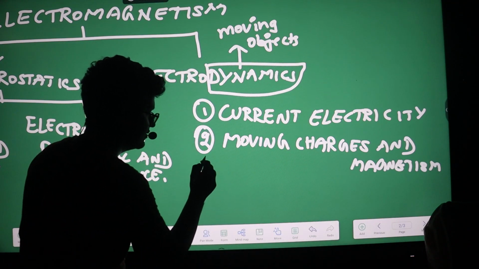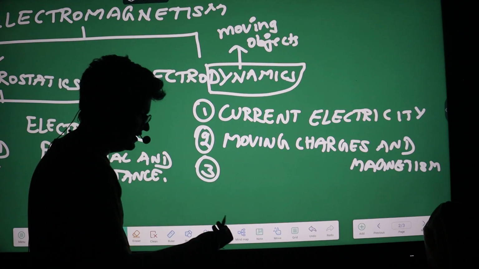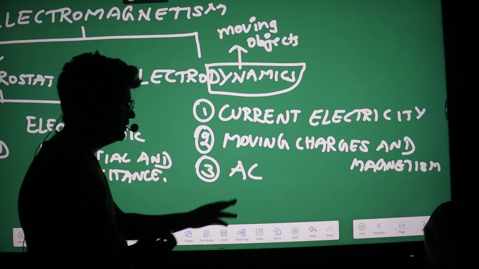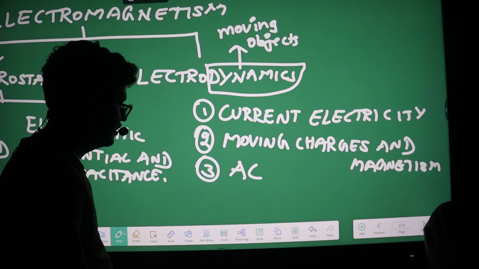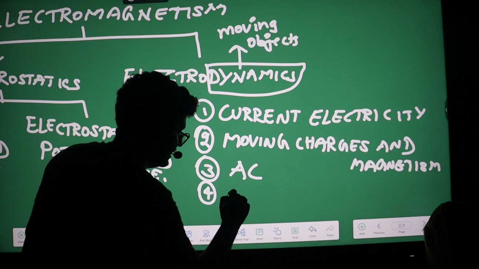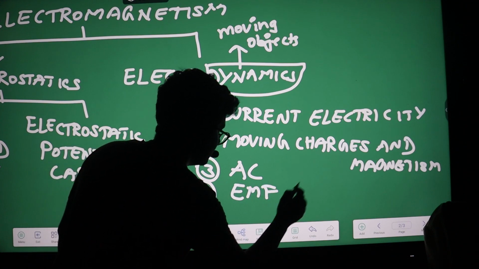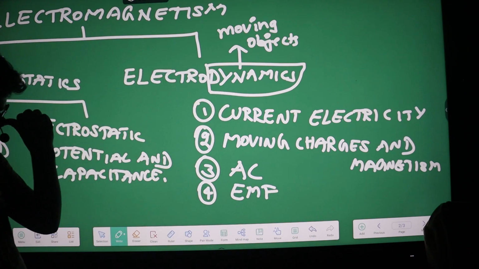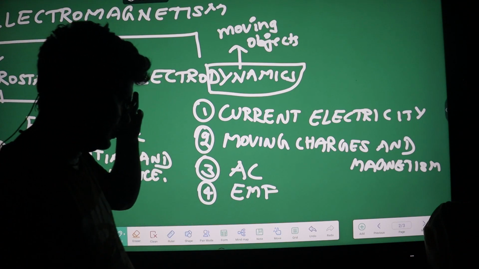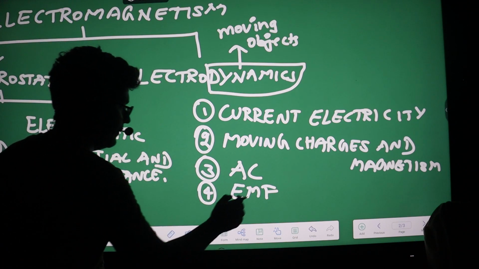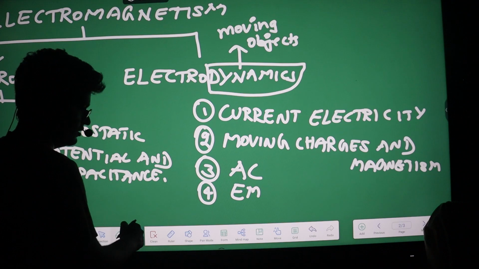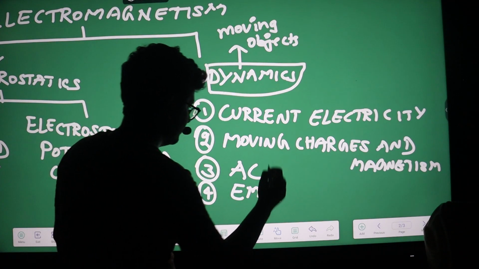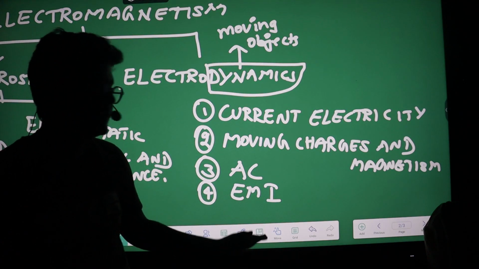Then third one is alternating current, AC, full form alternating current. And fourth one is EMI, sorry, electromagnetic induction. It is a chapter we will study, electromagnetic induction.